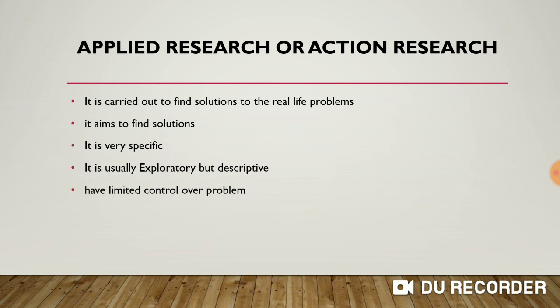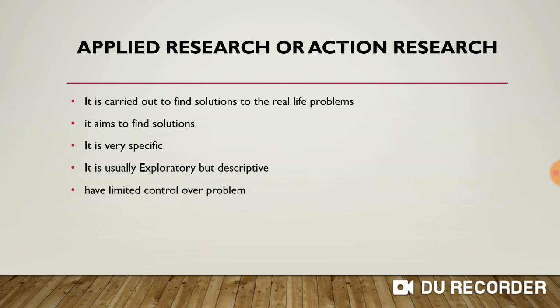Okay, so normally applied research is carried out to find solutions to real life problems, real life situations requiring an action or policy decisions. So normally this type of research is very specific and its aim is to find solutions. It is usually exploratory but descriptive in nature and has limited control over the problem.